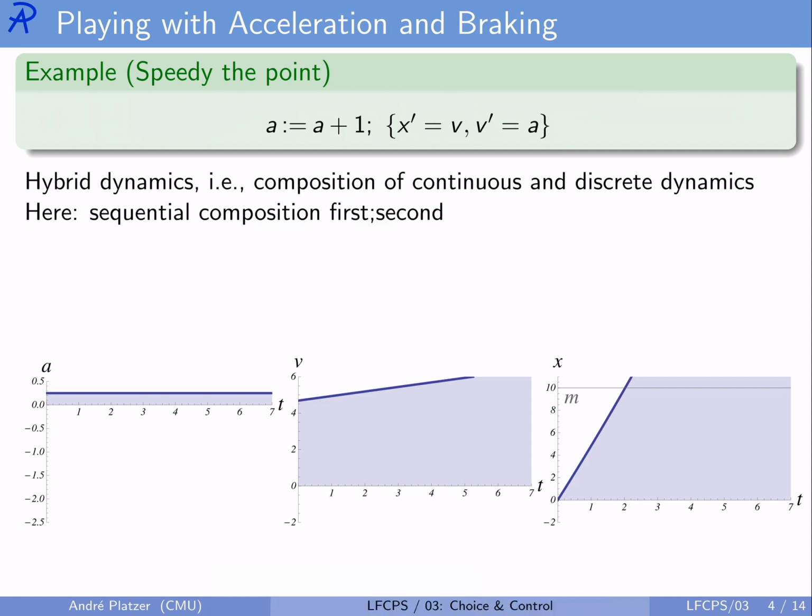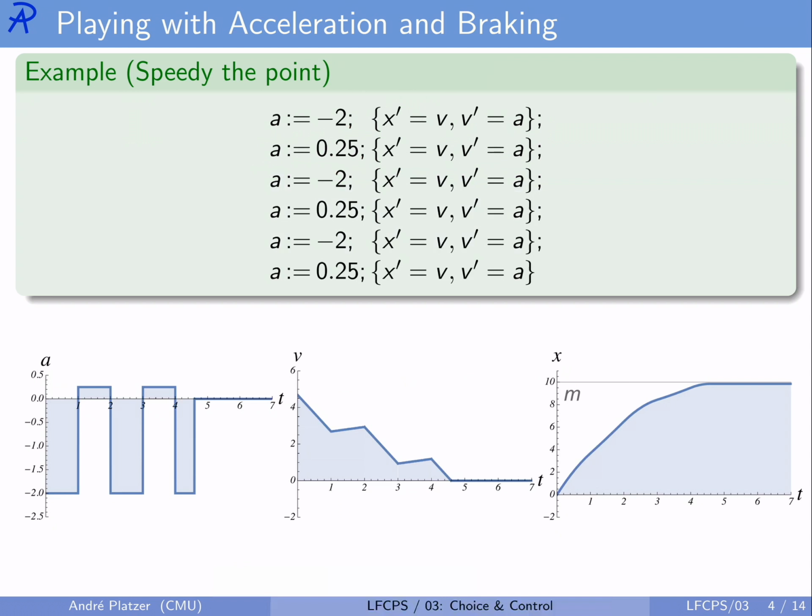But just the operations we saw so far, discrete assignment, differential equations, and sequential composition, already enable us to write down much more interesting hybrid systems dynamics. For example, if we keep on repeating it like so, acceleration is -2, then we follow a differential equation for some time, acceleration is a quarter, after that we follow a differential equation, after that it's -2, and so on and so on and so on, a number of times.